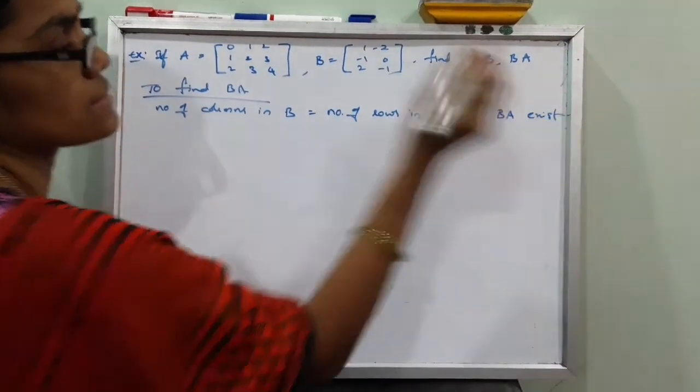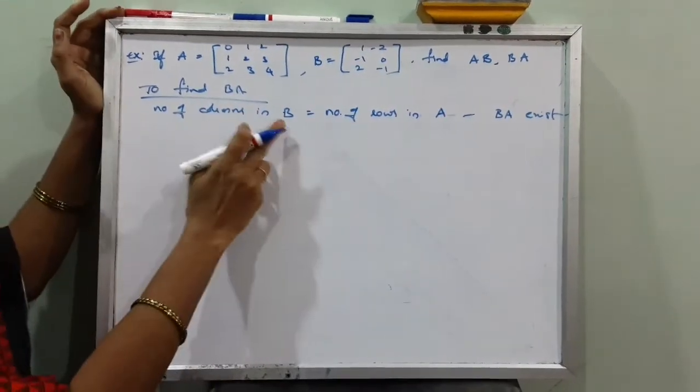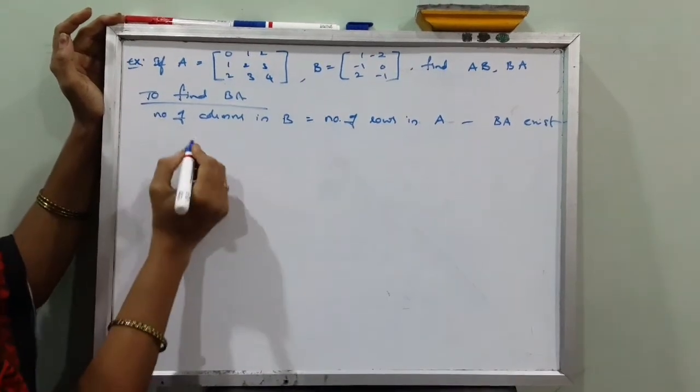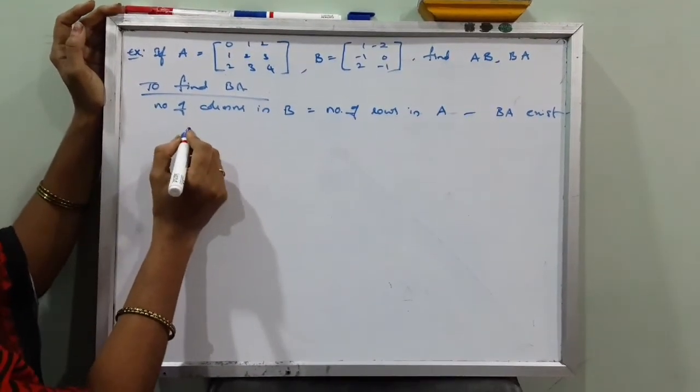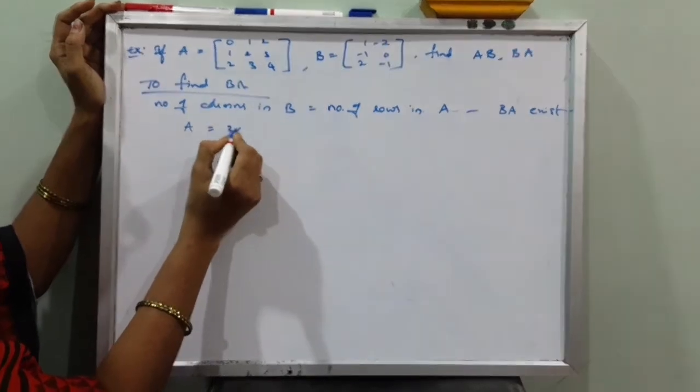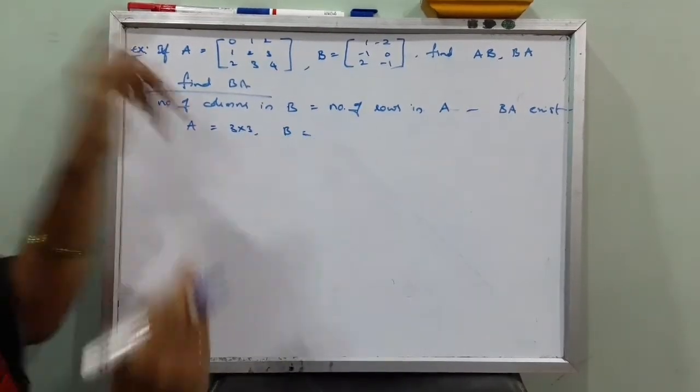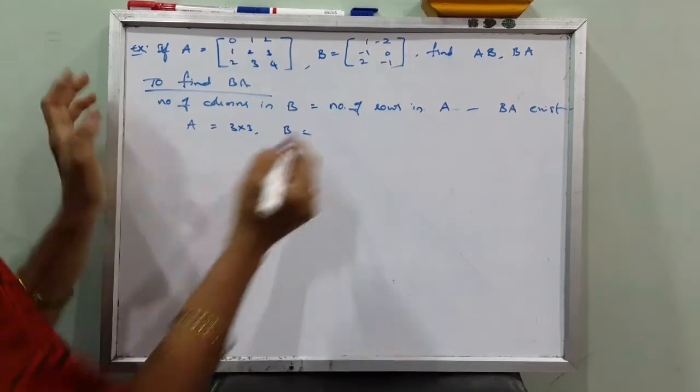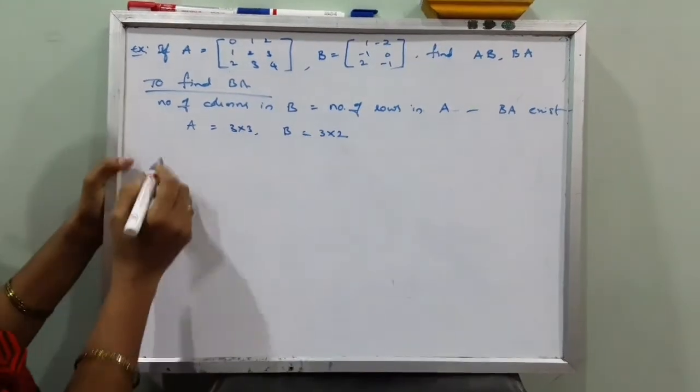The order of A is 3 by 3. The order of B is 3 rows, 2 columns, 3 by 2.